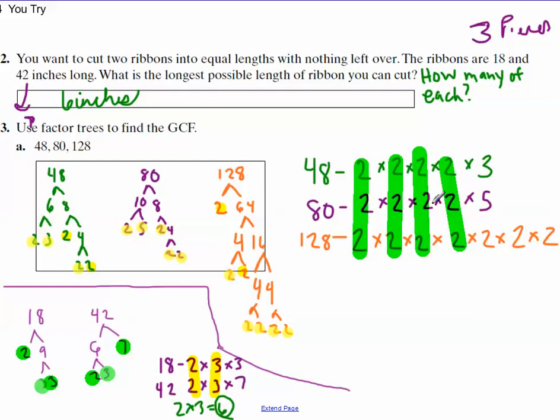When I multiply my 4 sets of 2, I'm going to end up with 4 times 4 is 16. So 16 should be my greatest common factor between 128, 80, and 48.